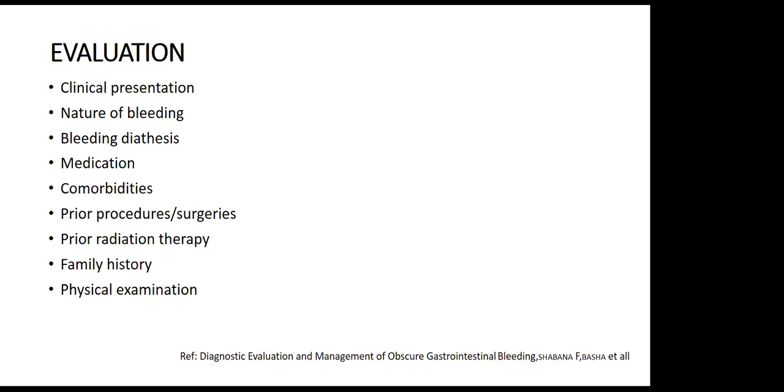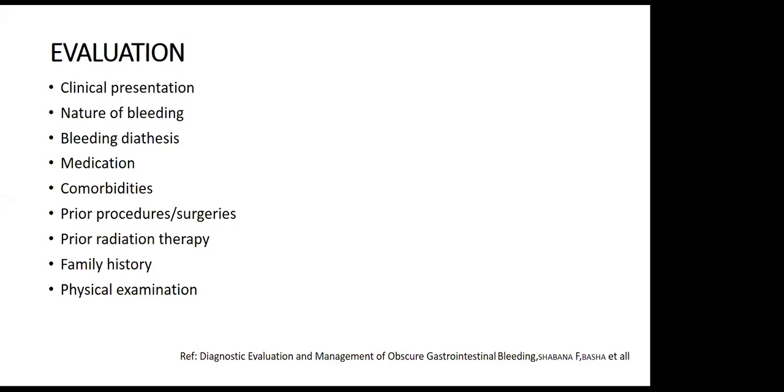Also any bleeding diathesis like von Willebrand factor deficiency, medication history of aspirin or NSAID usage, and comorbidities like vasculitis or valvular heart disease, or previous surgeries like any anastomosis, and prior radiation therapies. Family history is important in case of inflammatory bowel disease. And finally, the physical examination is important to rule out systemic syndromes.